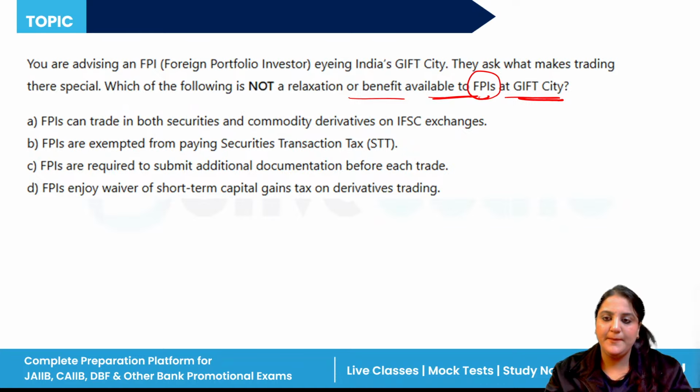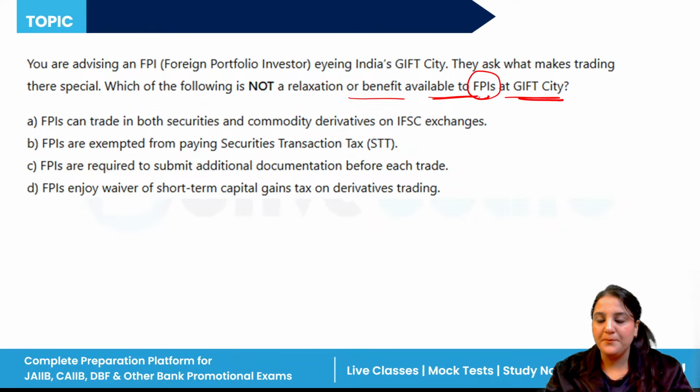So basically, in the case of GIFT City, FPIs enjoy no commodity transaction tax, and they also get a waiver from short term capital gains tax, usually up to 30%, and there is no extra paperwork.